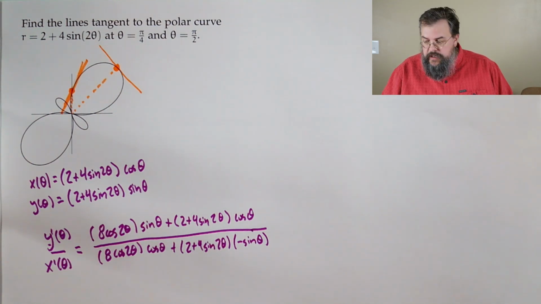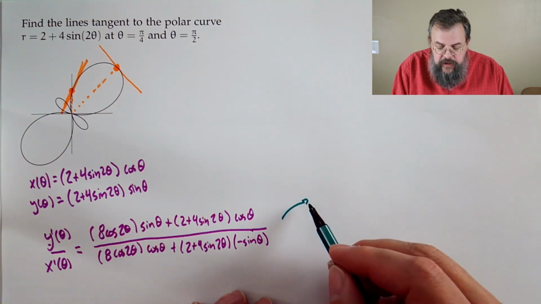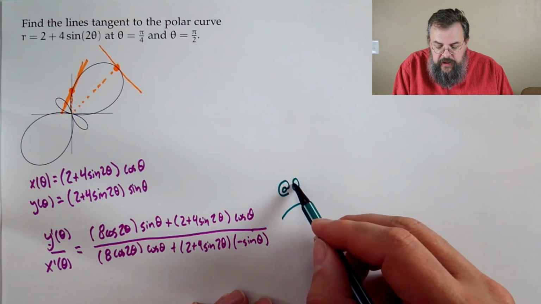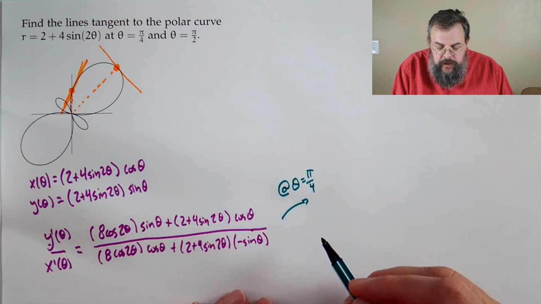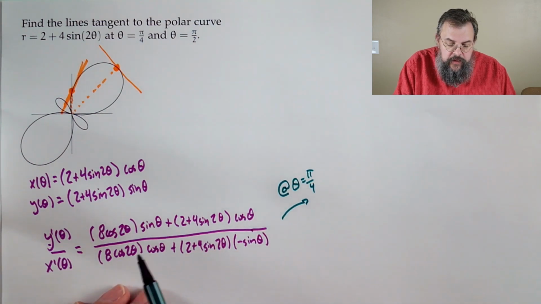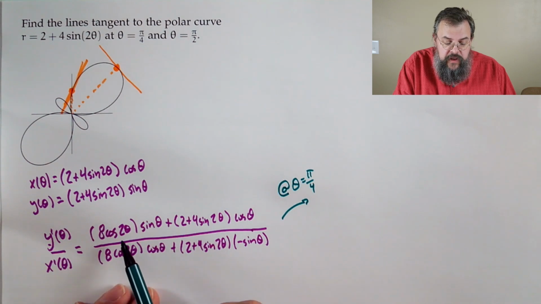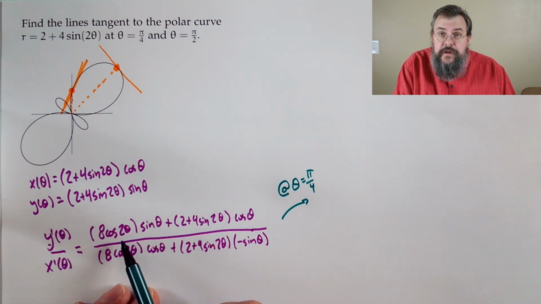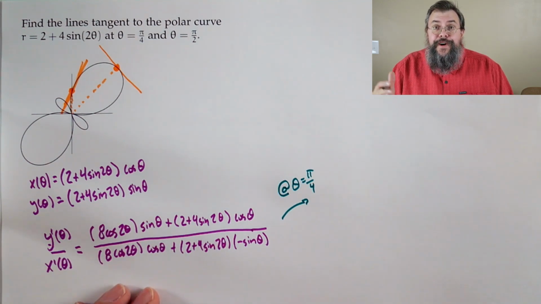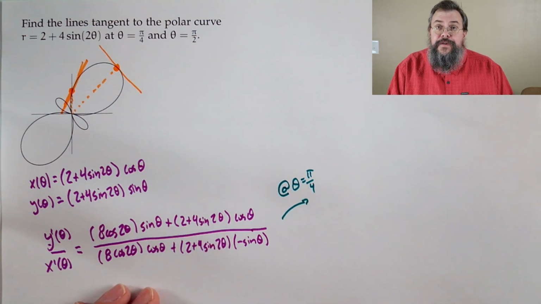So let's do our slopes. We have our two values. So at pi over 4, well, what happens? We have a couple of things. If we double pi over 4, we get pi over 2. Cosine of pi over 2 is what? It's 0. Well, that's great. How about sine of pi over 2?